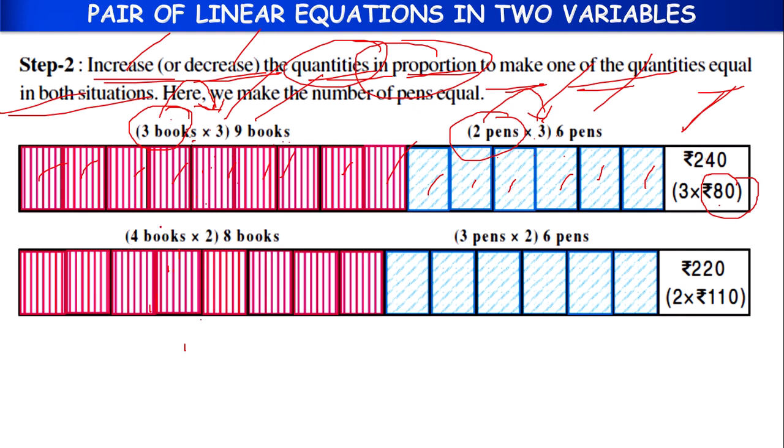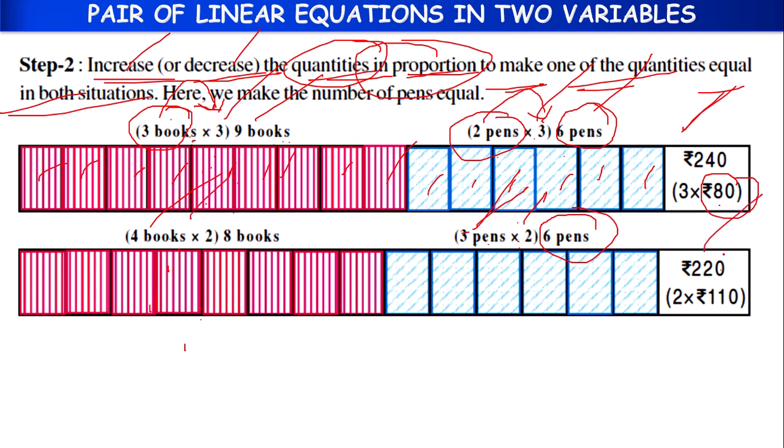Second situation, we have 4 books and 3 pens. Now here we have 6 pens in the first situation. If you want to make them equal, this 3 pens has to be multiplied by 2. So books also to be multiplied by 2, and the amount also.